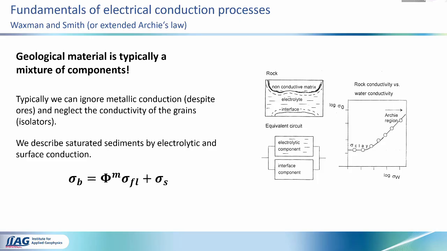The reason why we do this so simply is basically we think of them in an electronic way, to put them in series. Sometimes it's working, sometimes not. The surface conductivity is one component, and it's in series with the electrolytic component, and that's why we take them just as a sum.